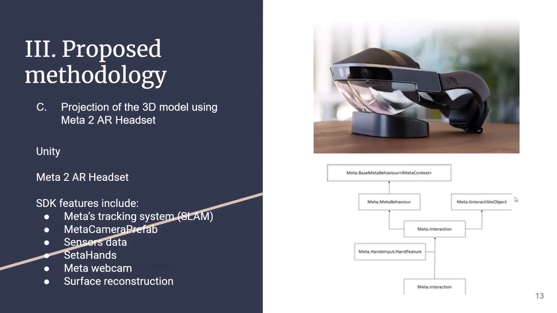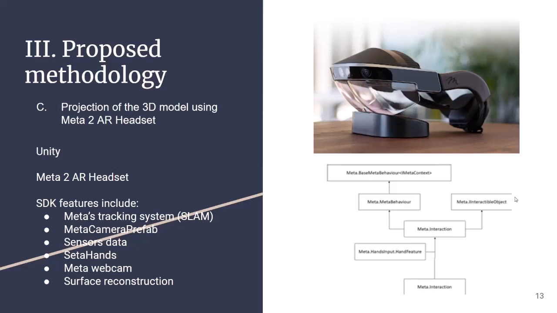The next step is the projection of the 3D model using our chosen device, the Meta 2 AR headset. The Meta 2 AR headset, as seen in the image, provides an SDK that is implementable directly in Unity. Some of its features include their tracking system, SLAM. There are Meta camera prefabs in Unity.